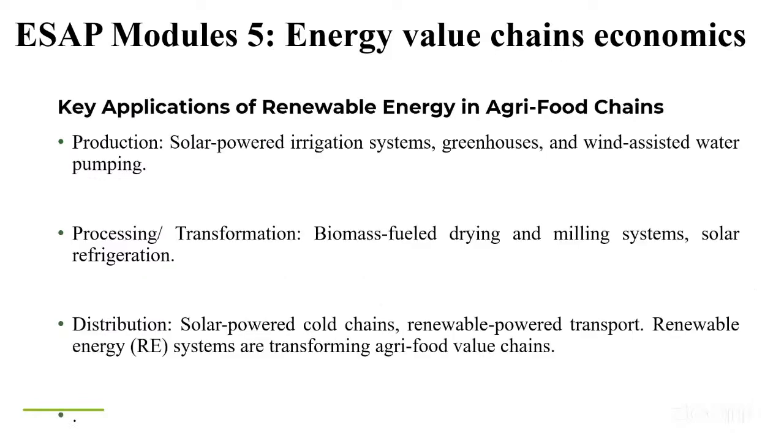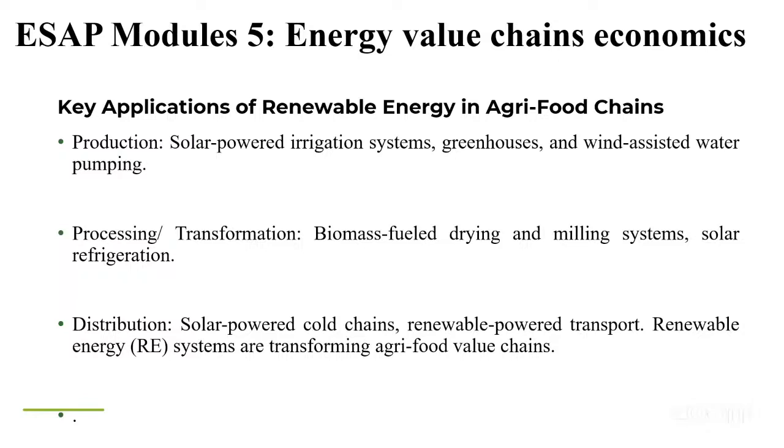So, of course, we already discussed this. We know that there are several applications of renewable energy in agri-food systems. We talked about the solar-powered irrigation system. We talked about the greenhouse. We talked about domestic supply in the transformation.